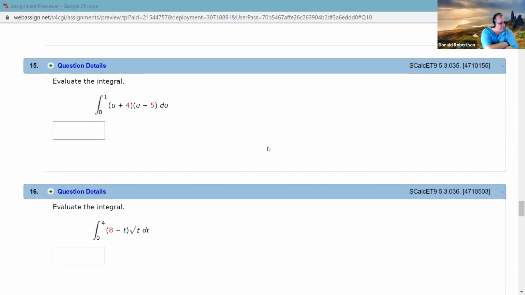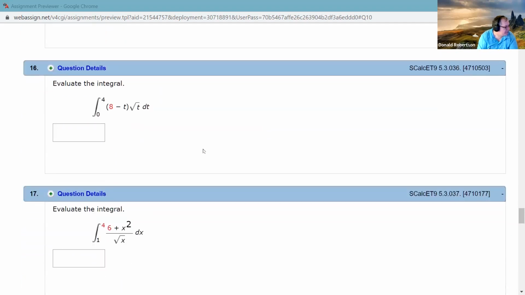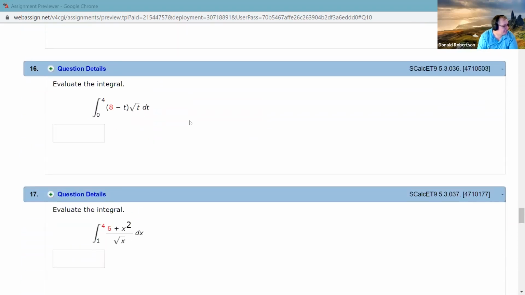What would you do in question 15? What would be the first piece of algebra you would do in 15 before you start thinking about antiderivatives? Foil. Foil it out and then do antiderivatives, right? In question 16, what would you do first?